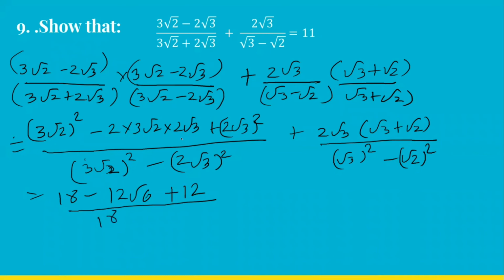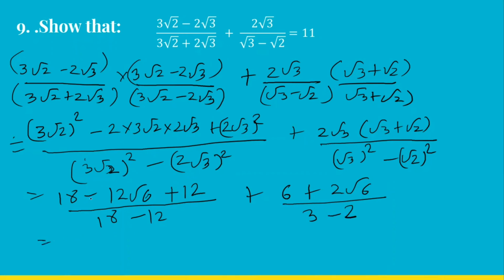And (2 root 3) square we have done, it is 12. Minus 12 plus root 3 into root 3 is 3. So 2 root 3 into 3 is going to be 2 3s are 6, plus 2 root 3 into root 2 is going to be 2 root 6, upon root 3 square is going to be 3 and root 2 square is going to be 2. So 3 minus 2. Let us simplify it further.